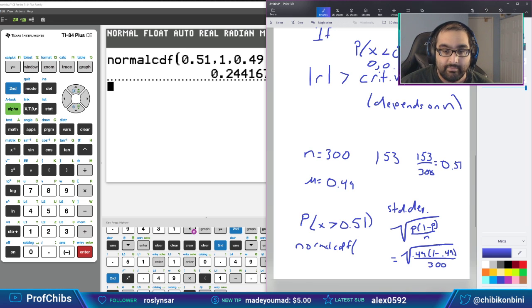So it really depends on this inequality that you have here, whether that be less than or bigger than. But in any case, you're going from 0 to 100%, and either you're going from that percentage to 100 or 0 to that percentage, or somewhere in between. So remember that lower will always be the lower of the two numbers, upper will always be the higher of the two numbers.